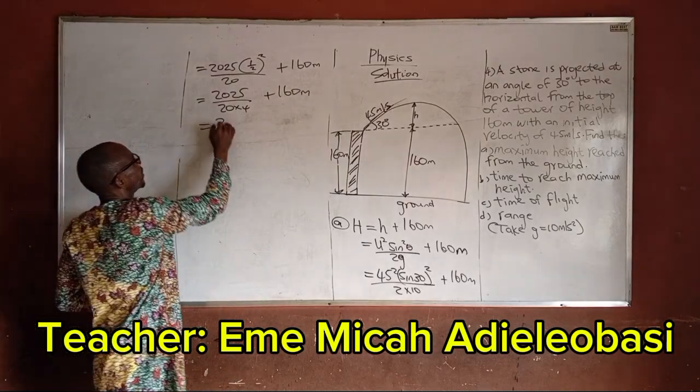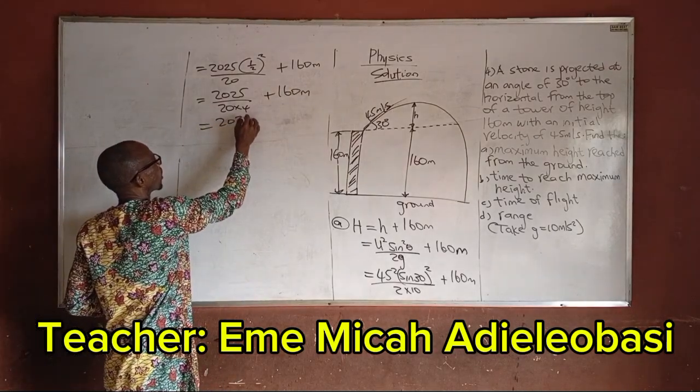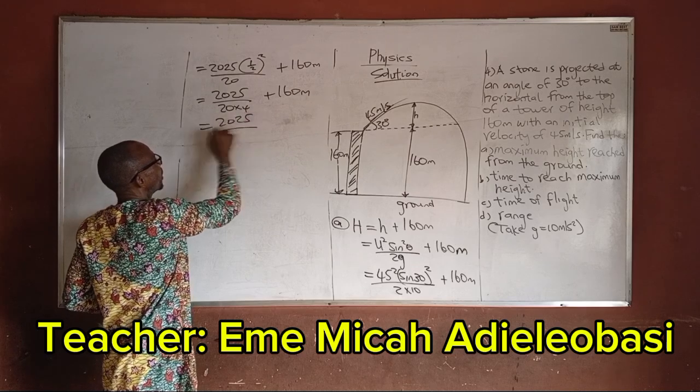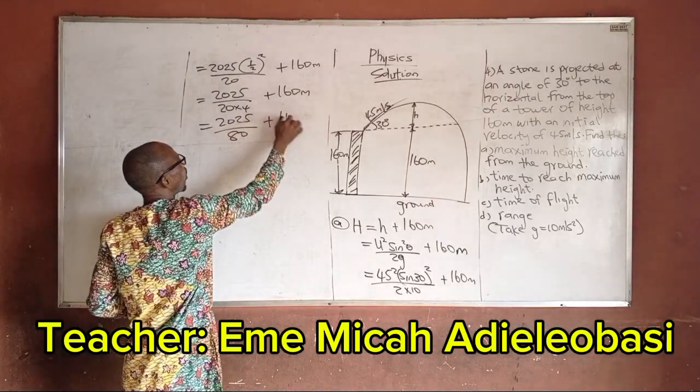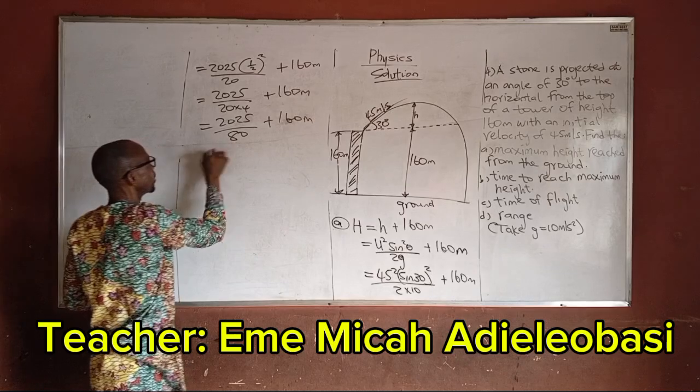So we have 2025 divided by 80 plus 160 meters.